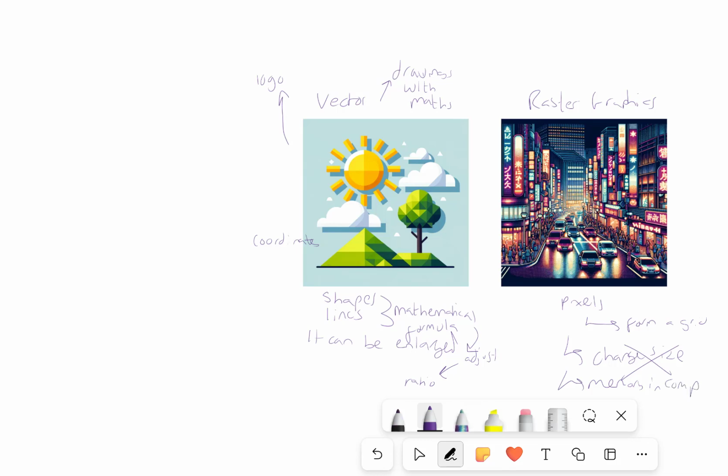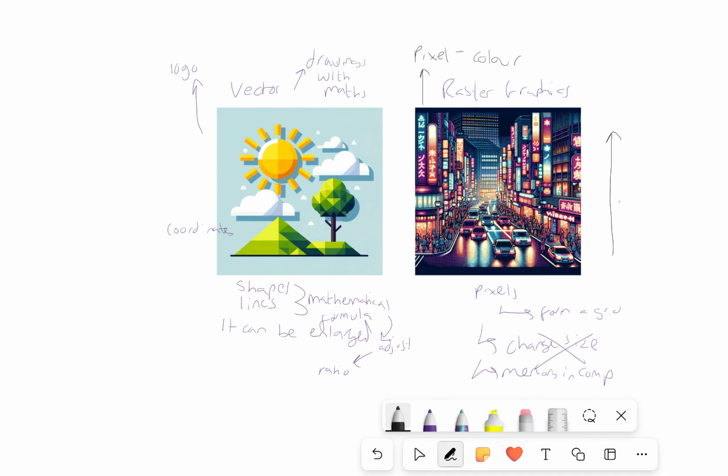Each pixel is given a color. For more pixels, you get higher quality. More quality, but it takes up more storage.